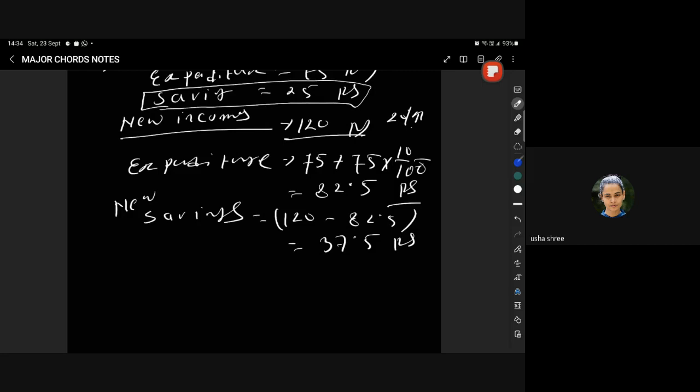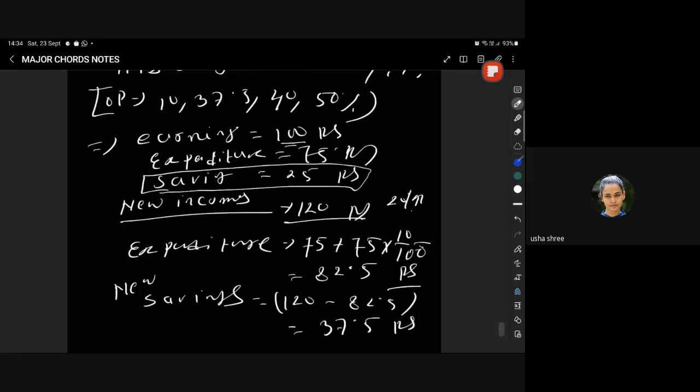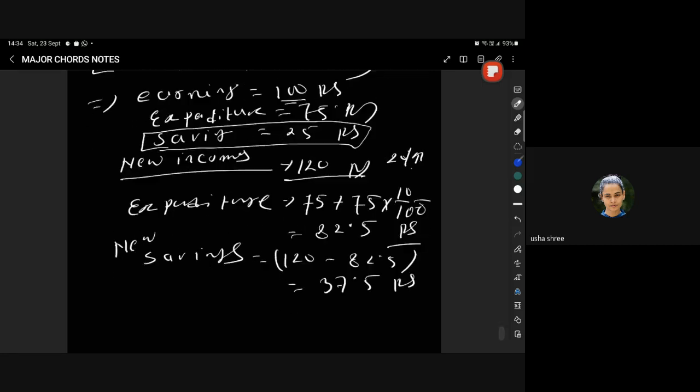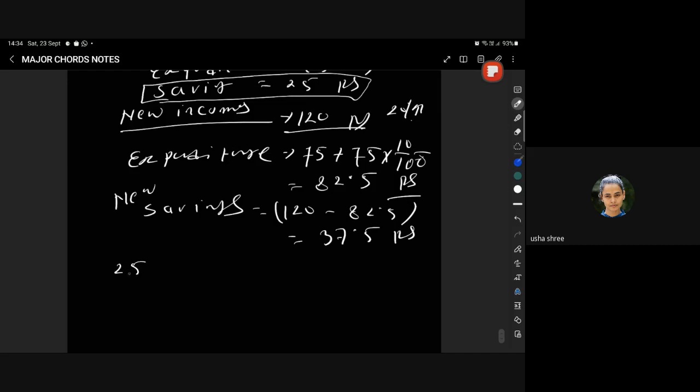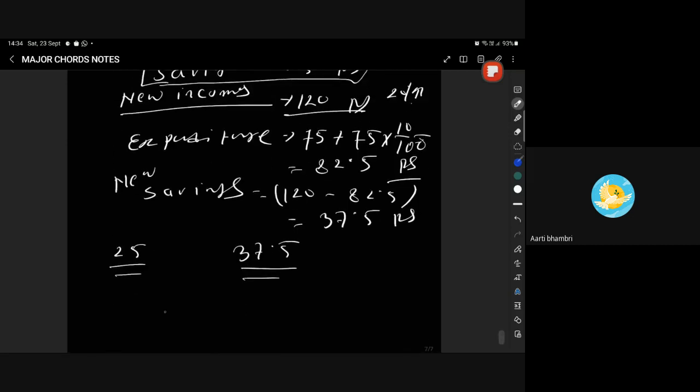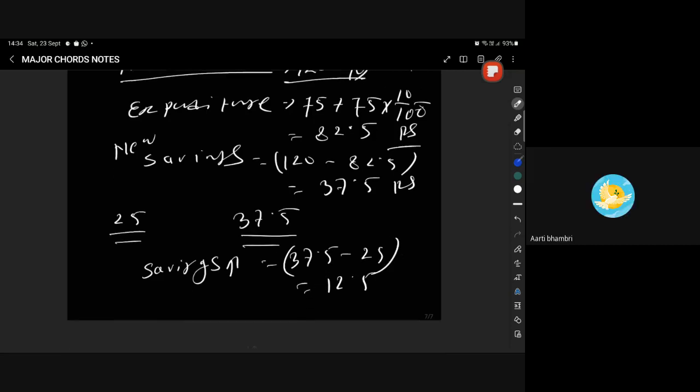Out of 75 spent, the saving previously was 25. Now the savings is 37.5. Savings increased by 37.5 minus 25, it is 12.5.